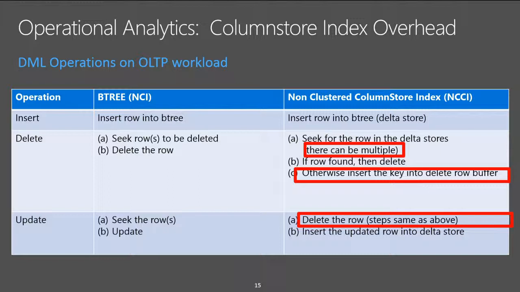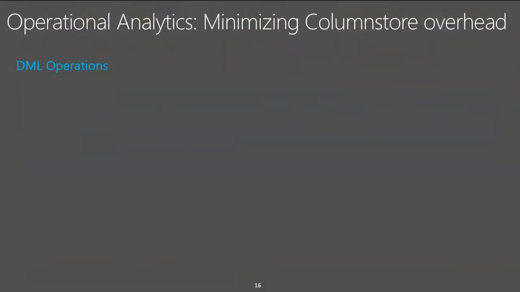So now the question is, if I was running my operational workload and I created an NCCI, or non-cluster column store index, on it, I'm paying this additional cost. So where is the promise that your operational workload is not impacted? It is impacted. You see that? So what we do is we provide some ways for you to control that cost.